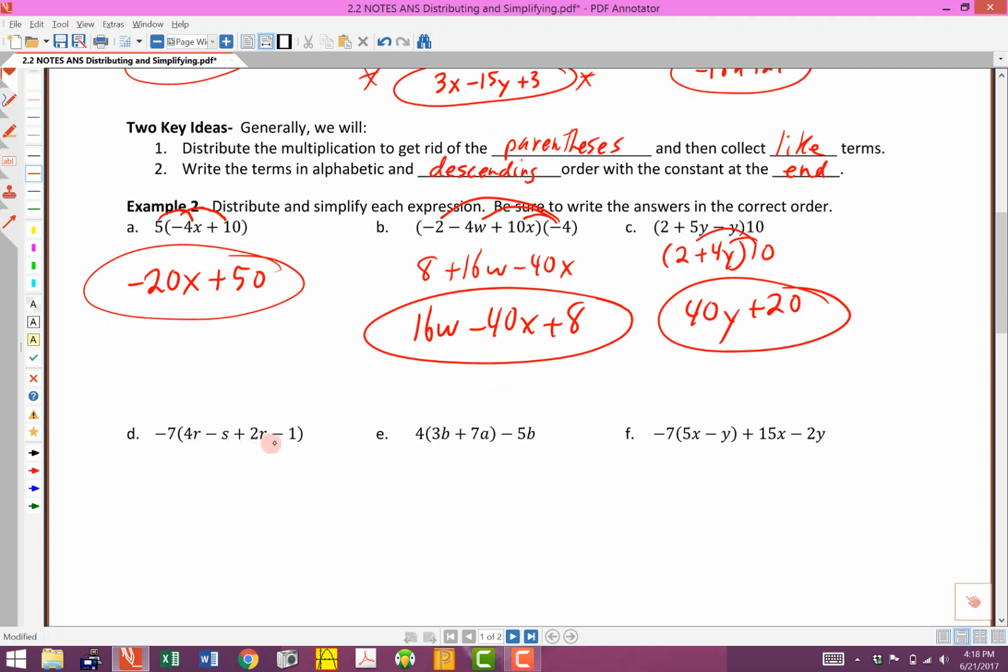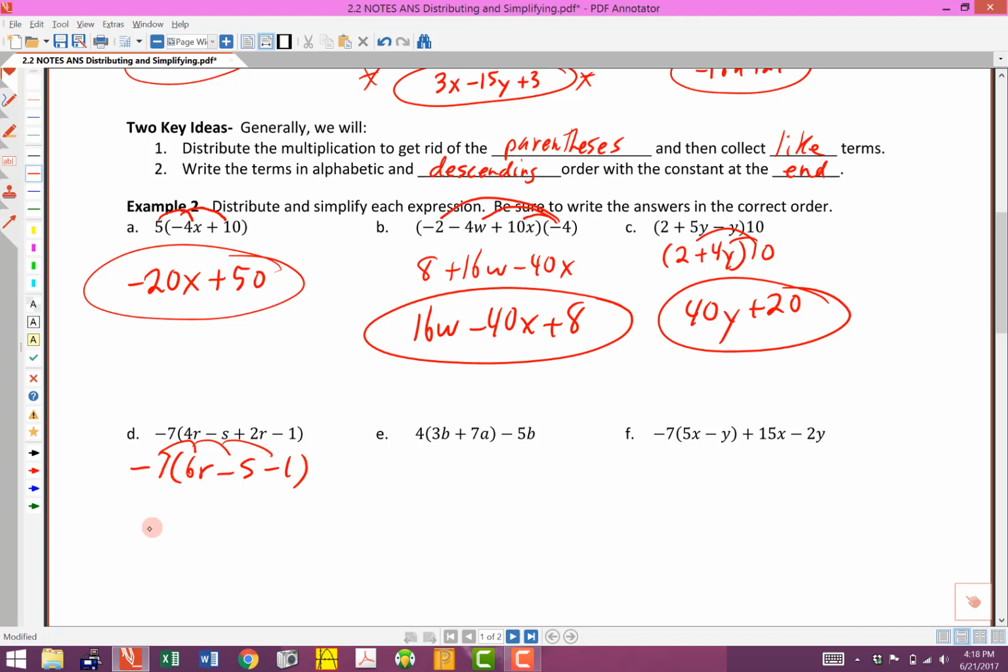Notice on this one here we've got 4 terms inside the parentheses. Probably the best thing to do would be to combine those like terms. So that's going to be 6r, and that comes before s, so we're in good shape just writing the s there, and then minus 1, and then we'll distribute each one of those through with a negative 7.